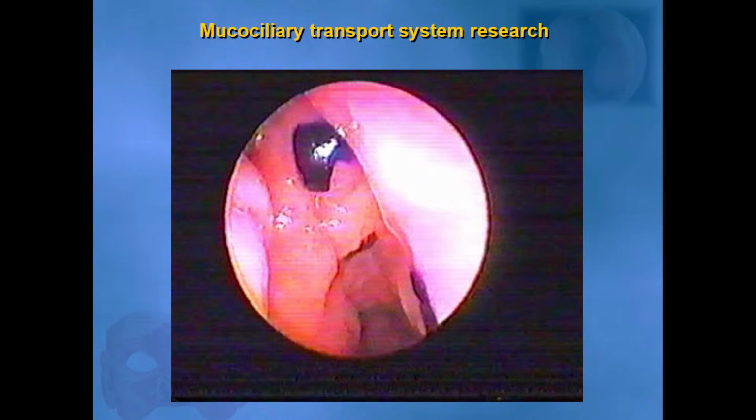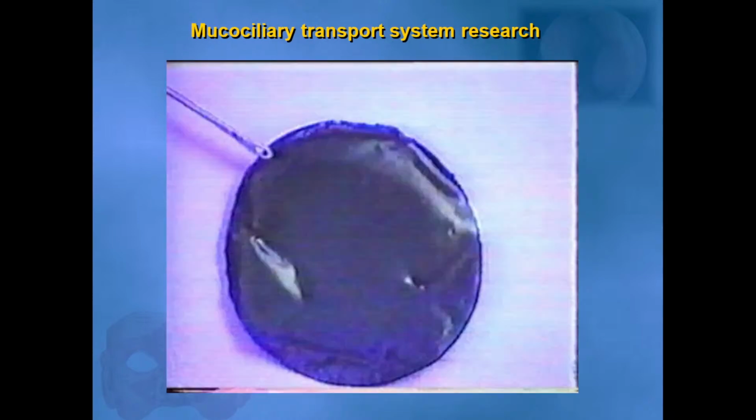Now here you can see one of the methods of researching the mucociliary transport system. It's a piece of special paper that is impregnated with some ink, or a substance with blue color.